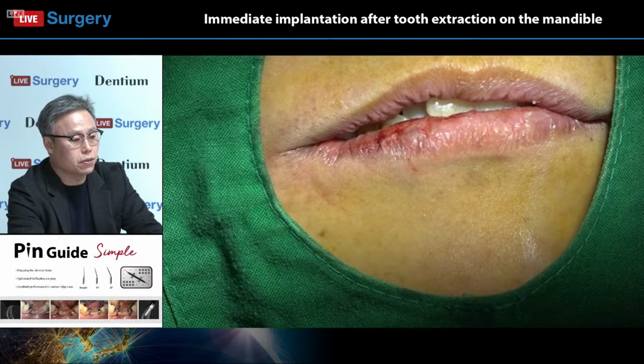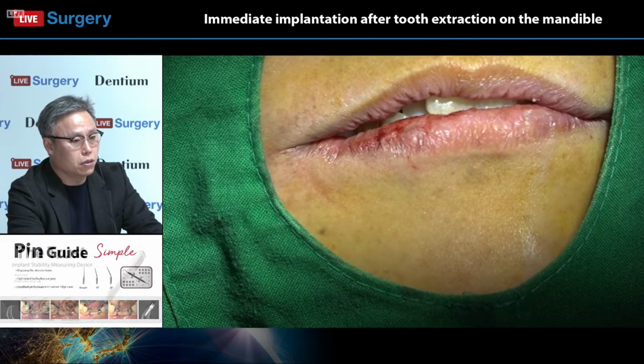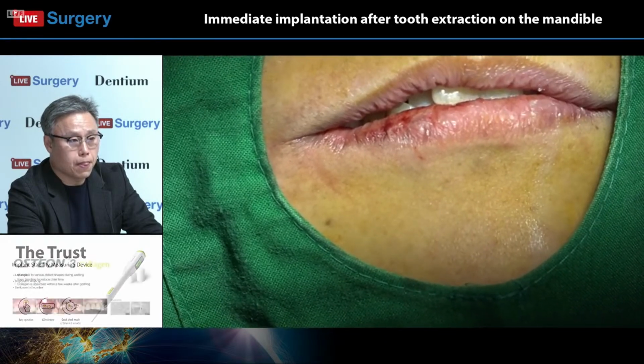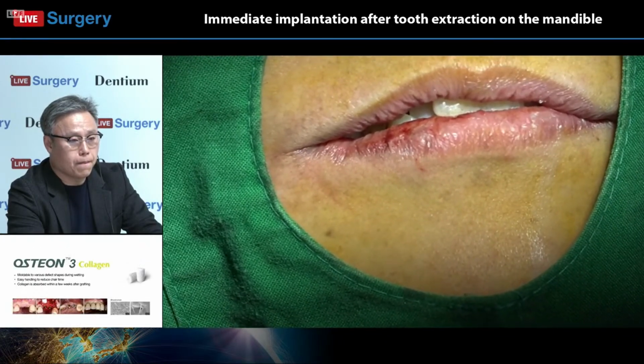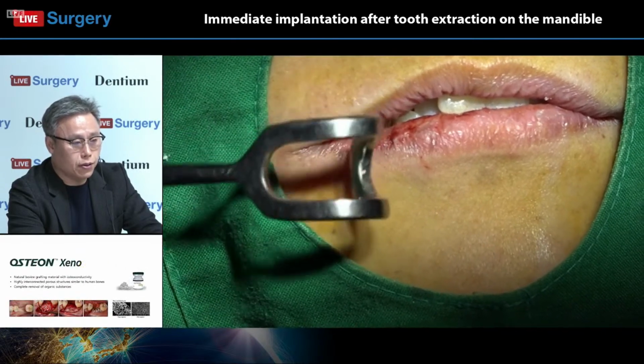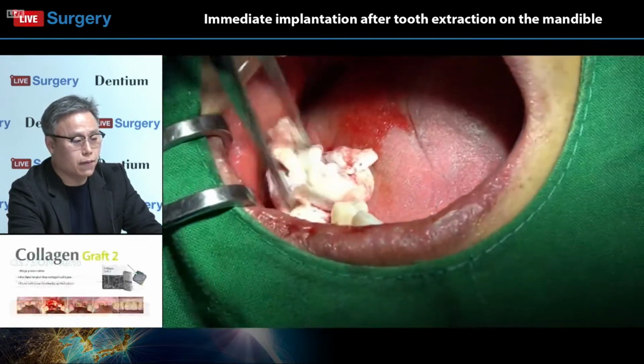Probably now he's preparing the suture. I also, let me tell you later.